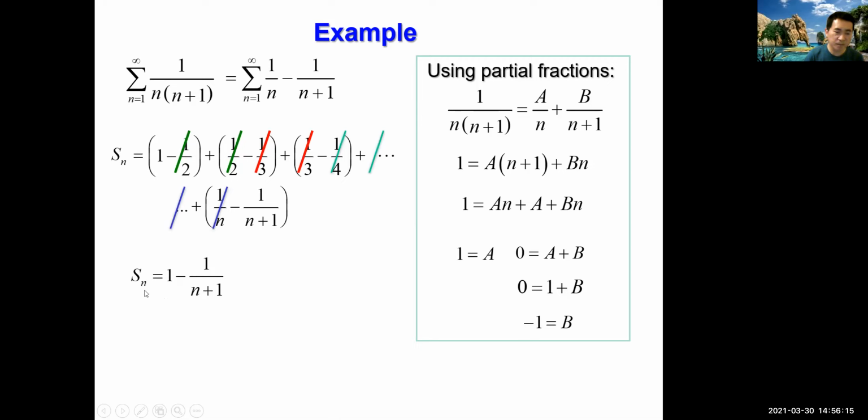From here, you can find the actual sum, the limit of S sub n as n goes to infinity. So what do you think? You can take the limit here as n goes to infinity. This goes to 0, leaving 1. So our answer is 1.